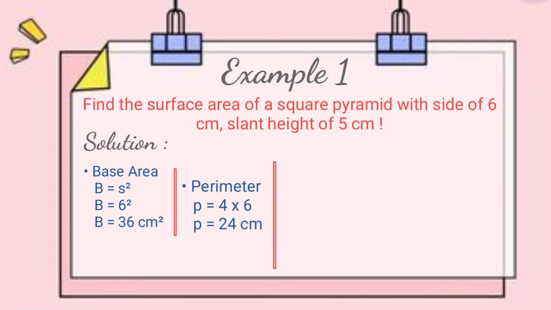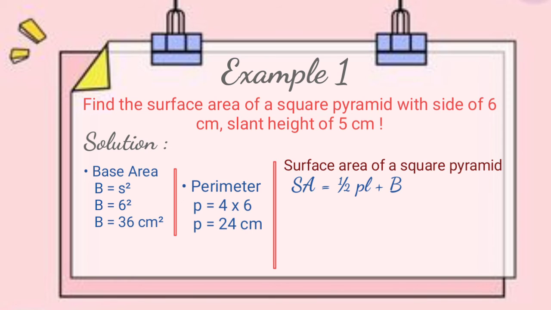Next, we calculate the surface area of the square pyramid. The formula is SA equals 1/2 times P times L plus B. Then insert B is 36 square centimeters and P is 24 centimeters.